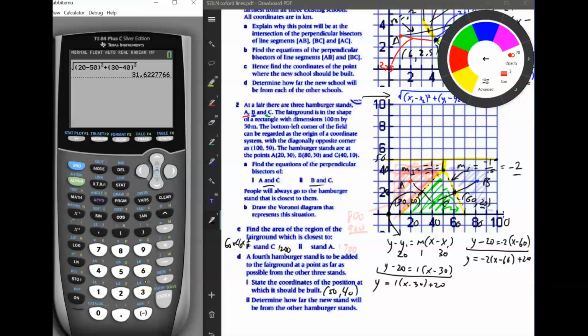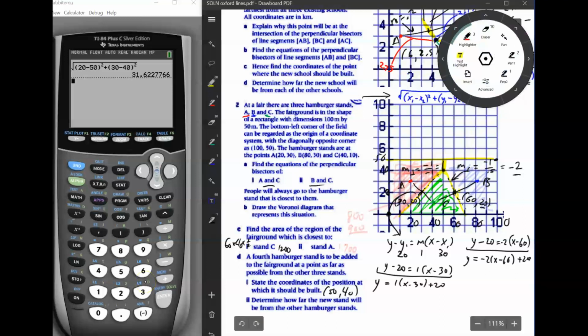And the distance from red to black, let's use this now. So red to black, the distance is going to be 31.6. Okay? What about the distance from blue to black? The blue coordinates are going to be 80, 30.